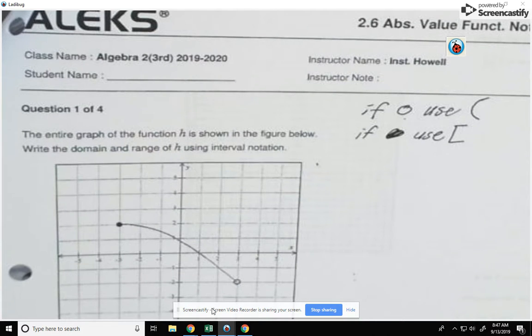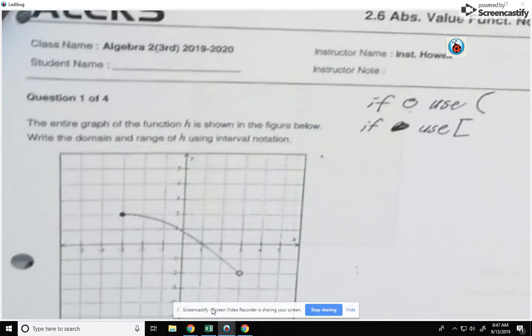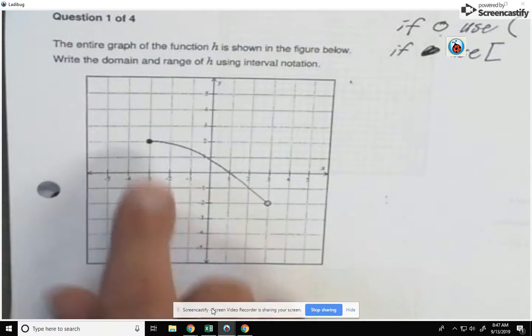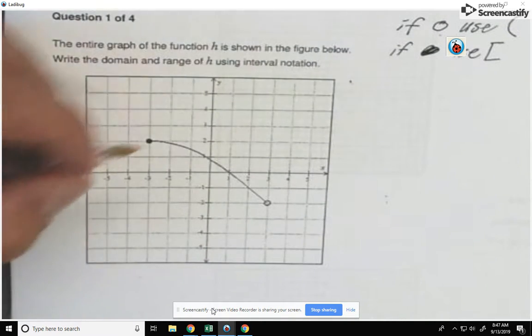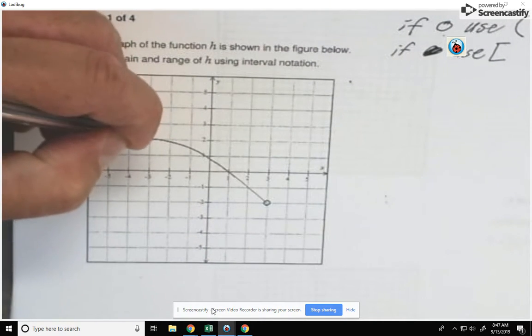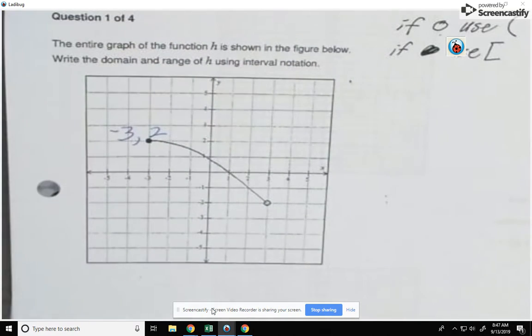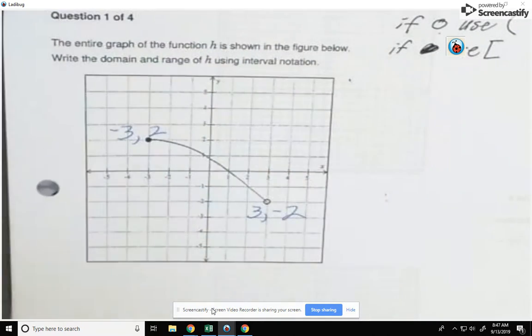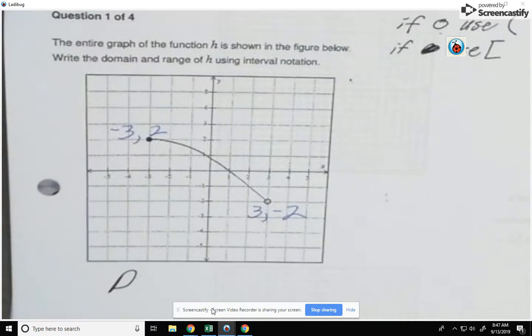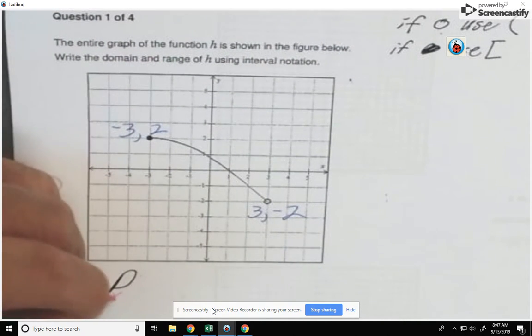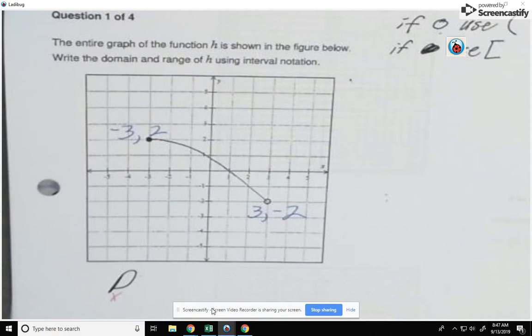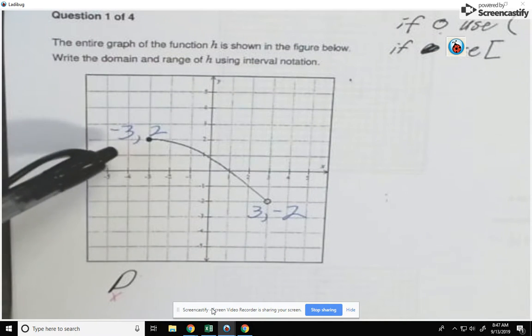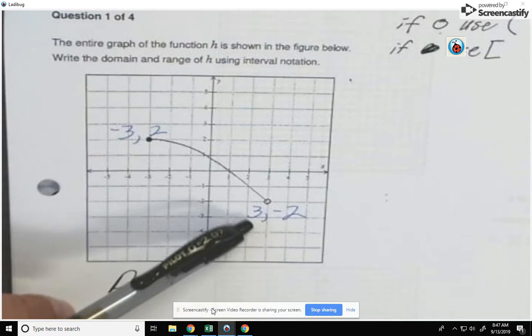So the first thing we need to do here is find what our points are. This point is at -3, +2. This point is at 3, -2. So now our domain, which we know is our x values, are -3, +3.